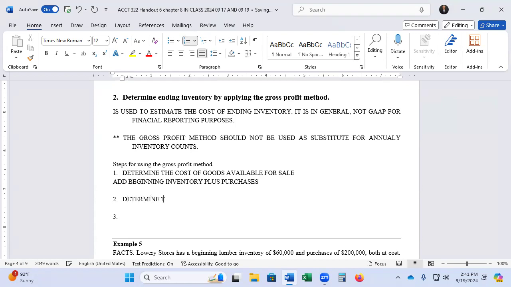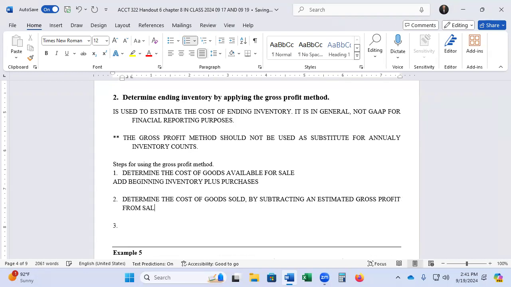And then you determine the cost of goods sold by subtracting an estimated gross profit from sales revenue.